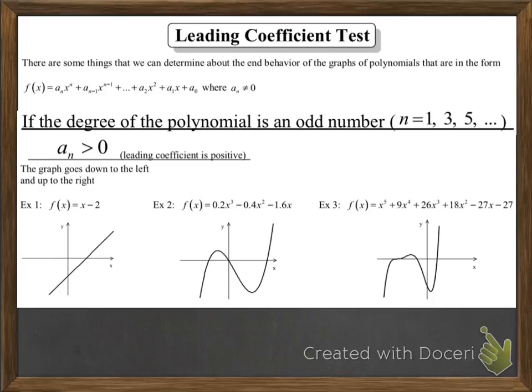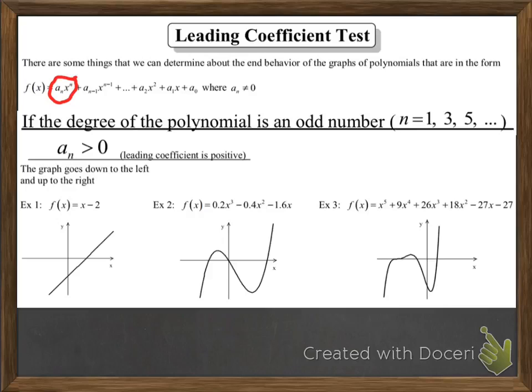So now let's identify the end behavior from what happens with our leading term. The leading term, which is your largest term in your polynomial, is going to decide your end behavior.